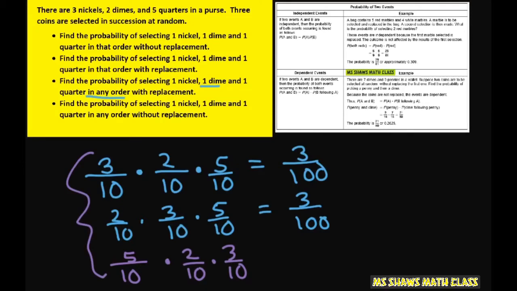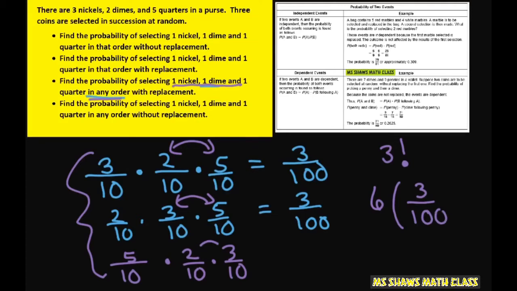There's 3 factorial ways for these 3 choices here. Because then you could change these 2 around, you could change these 2 around, and change these 2 around. So there's basically 6 ways. And so then you would just multiply 6 times 3 divided by 100.